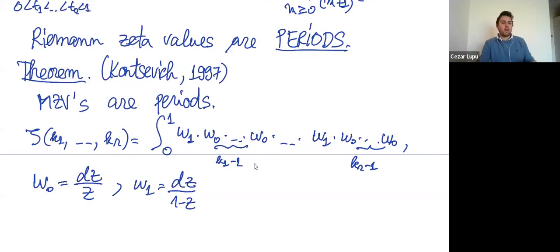And in fact, this is an important theorem because it doesn't just prove the fact that they're periods or give you the integral representation. In fact, it shows you a much more general phenomenon.